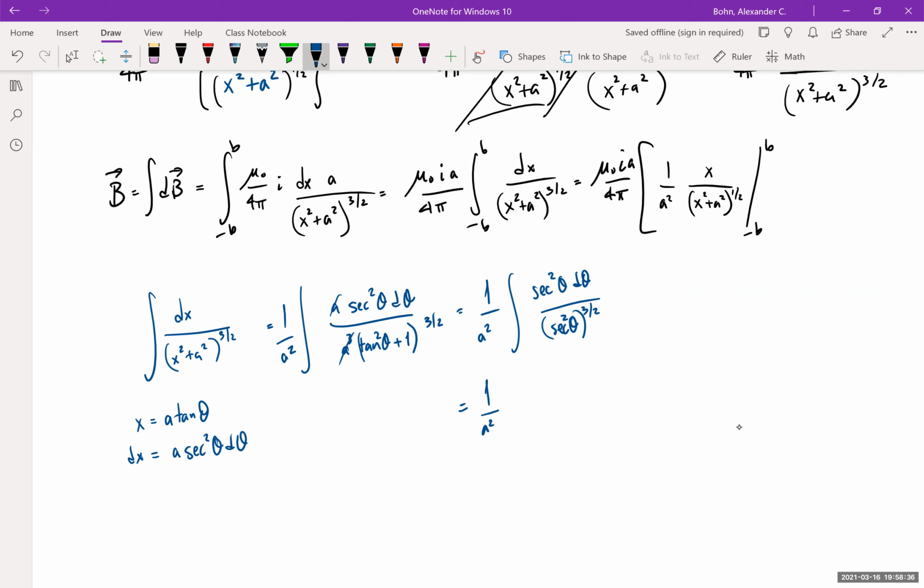One over a squared. 1 over secant. The integral of cosine. Well, that turned out quite a bit nicer than the one that I remember remembering. That's why.